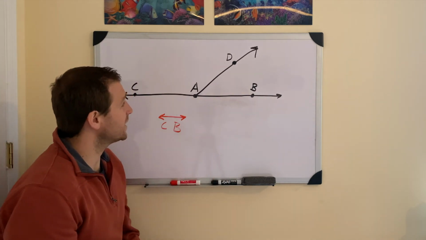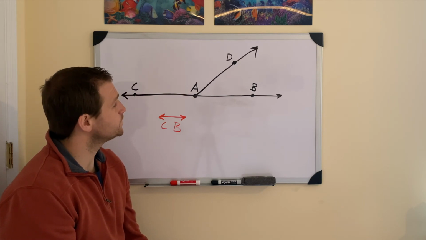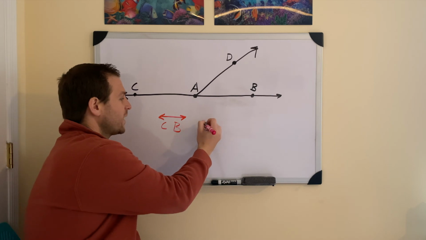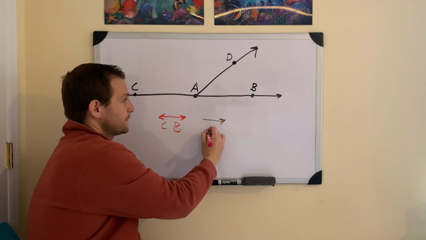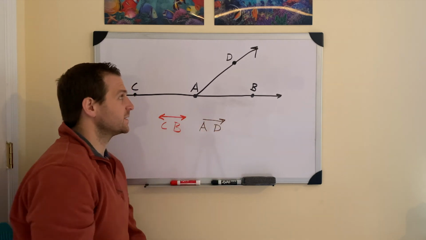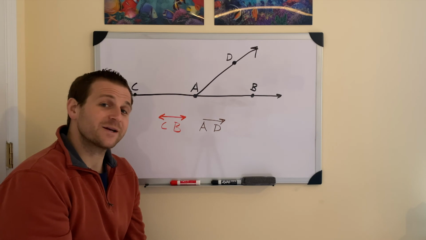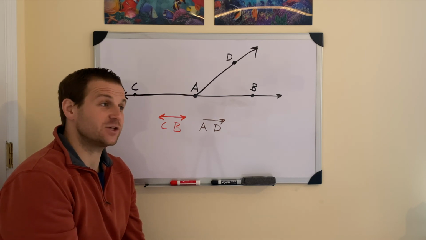Now I'll switch up the colors, and let's see if we can identify ray AD. So where on here is ray AD, and in which direction does it continue on?